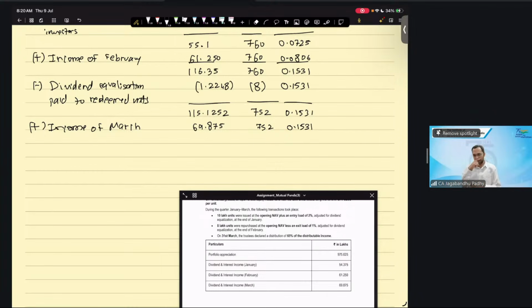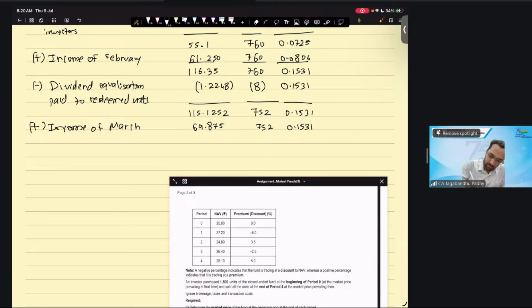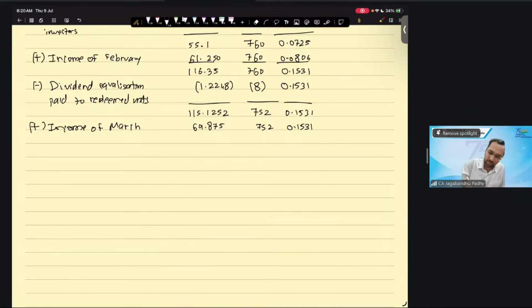And per unit is still 0.1531. No, per unit will change, right? So per unit now it is 69.875 divided by 752, which is 0.0929.